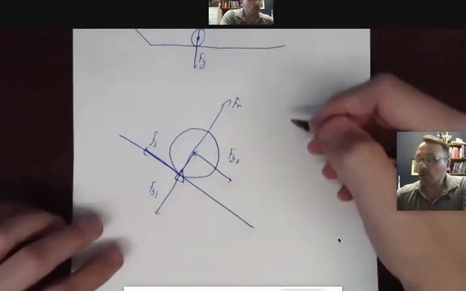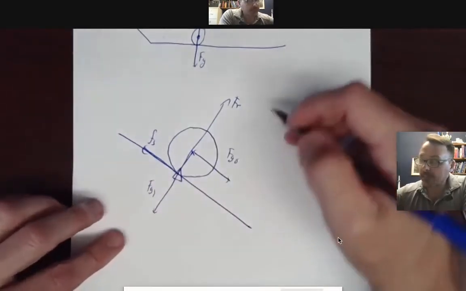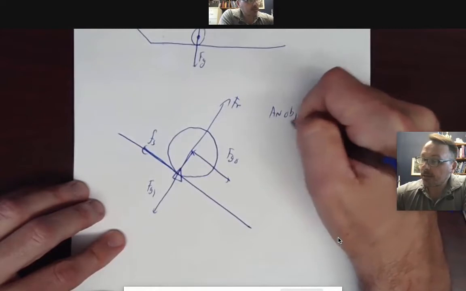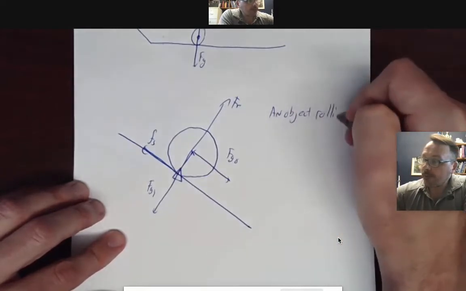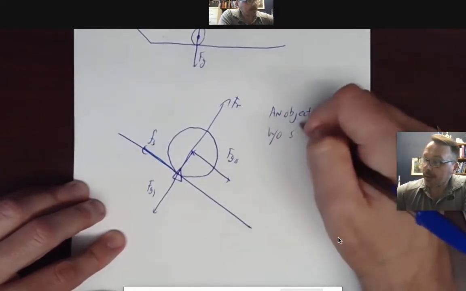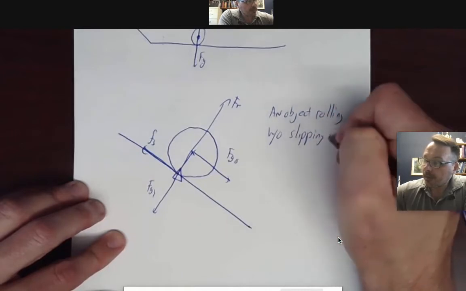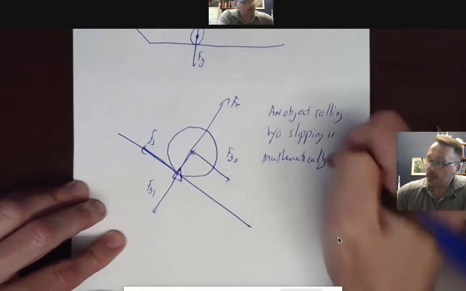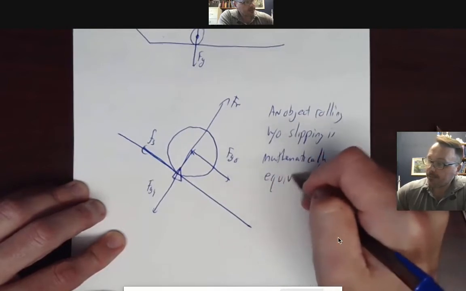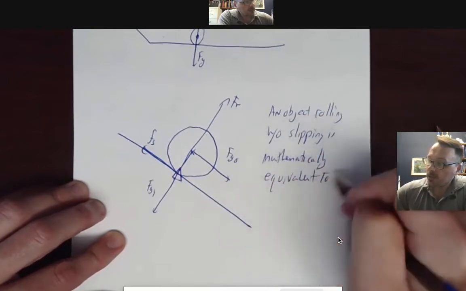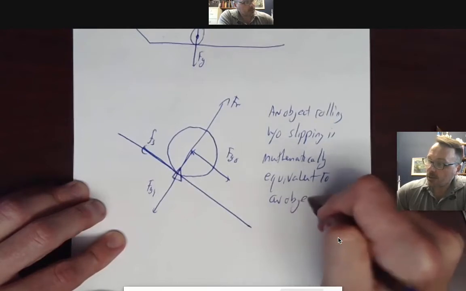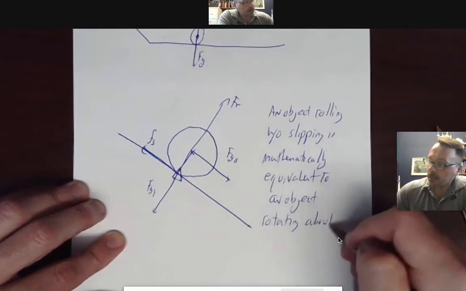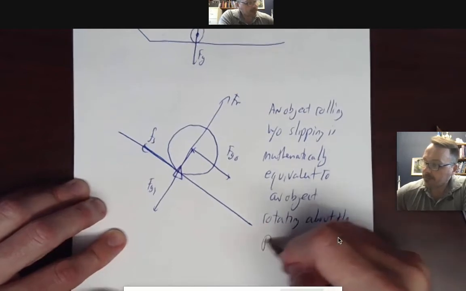For an object rolling without slipping, and only for rolling without slipping, we can say that an object rolling without slipping is mathematically equivalent to an object rotating about the point of contact.